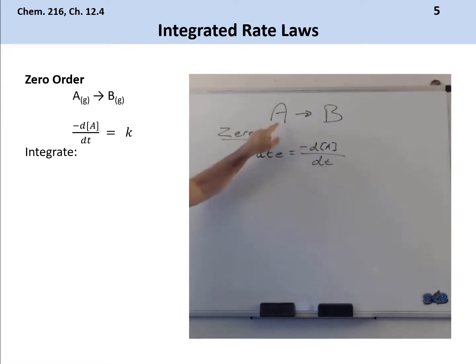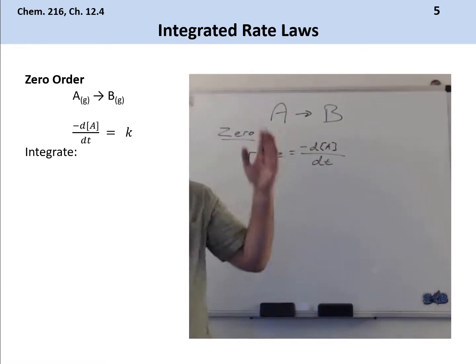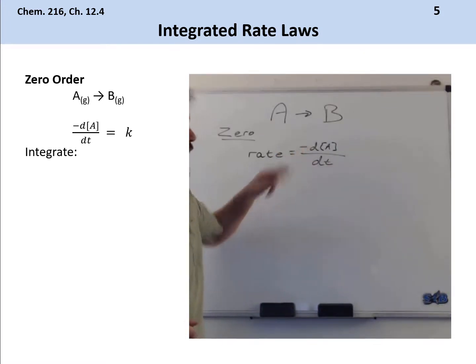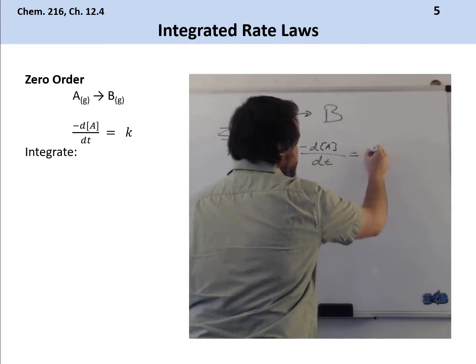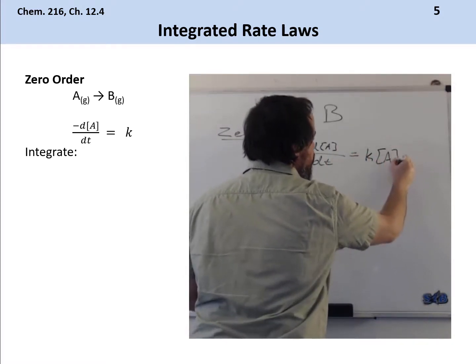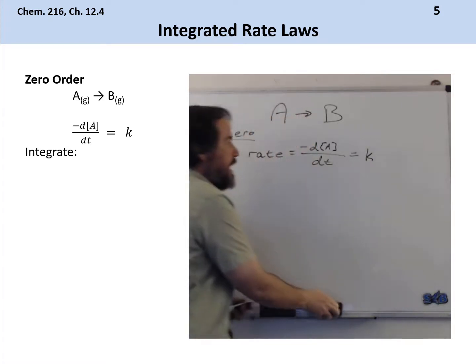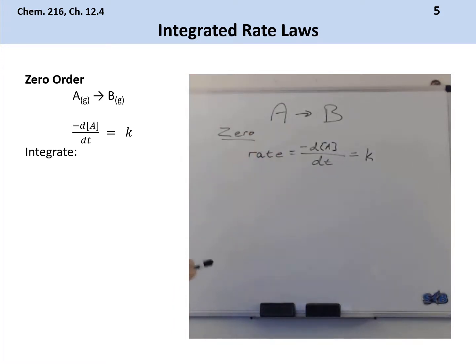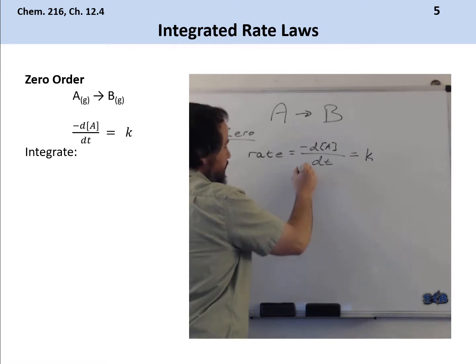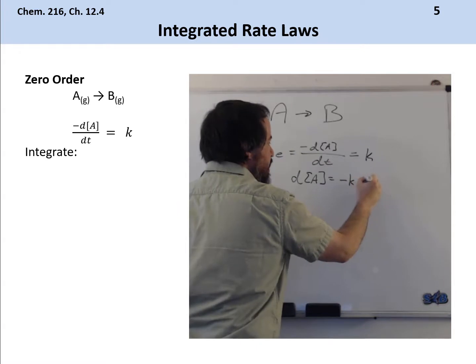It's negative because A is a reactant, which means this would be decreasing, so we need that negative to make it positive. This equals k times A to the 0, but because A to the 0 is just 1, we call that k. All right, so I'm going to rearrange this to be dA equals negative k dt.